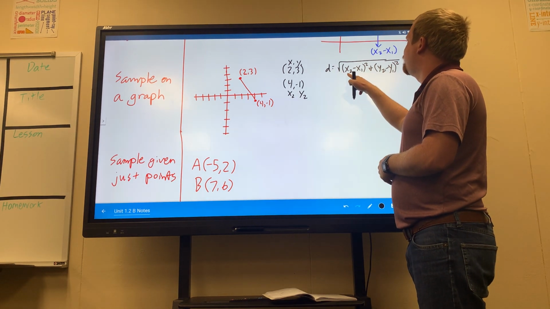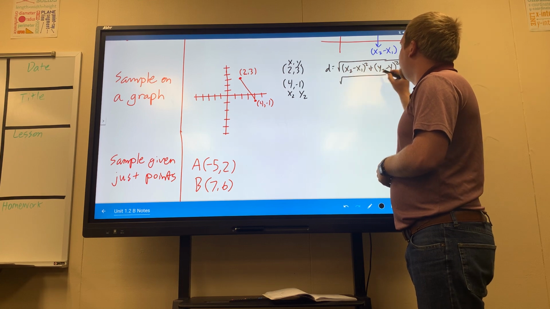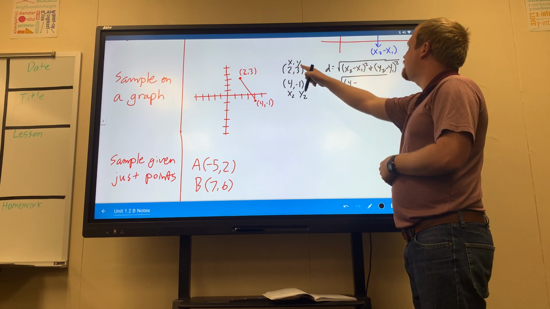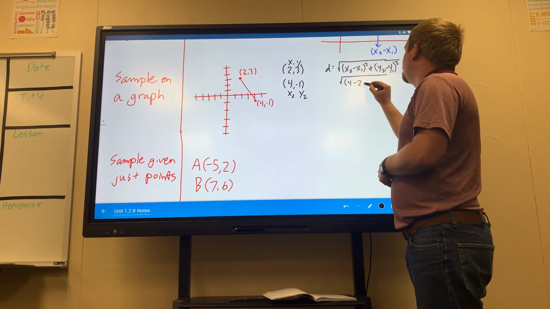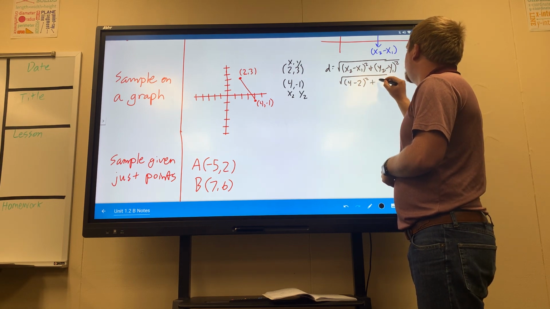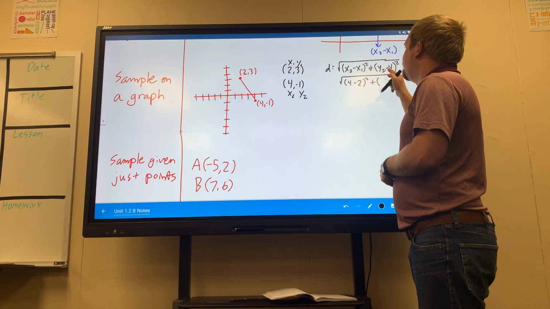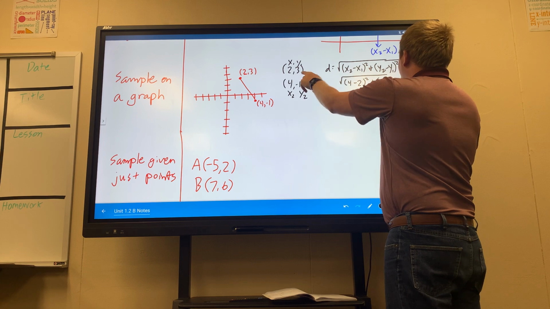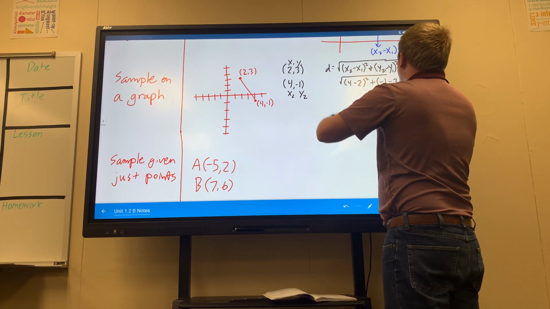So x2 is going to be 4, minus x1, which is 2, plus y2, which is negative 1, minus y1, which is 3, squared.